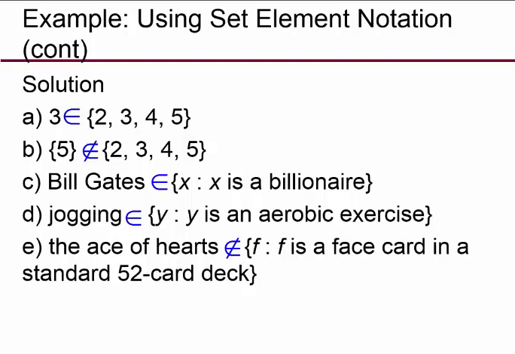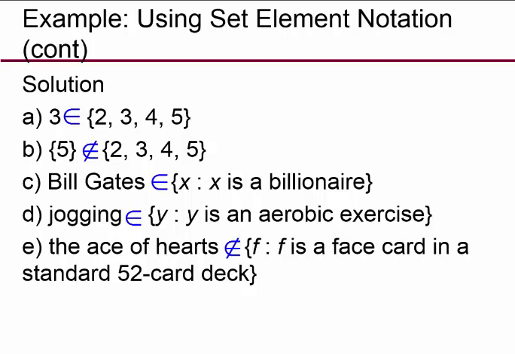And then the second one on the right-hand side is a set, but it just contains elements, so it doesn't contain any sets. Bill Gates is an element of the set of billionaires. Jogging is an element of the set of aerobic exercises. The Ace of Hearts is not an element of the set of face cards in a standard 52 card deck.